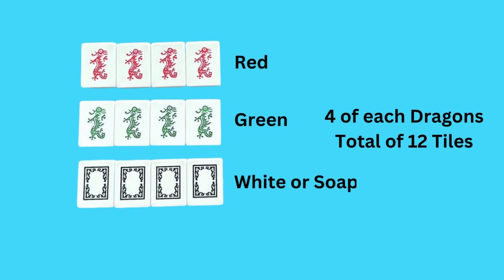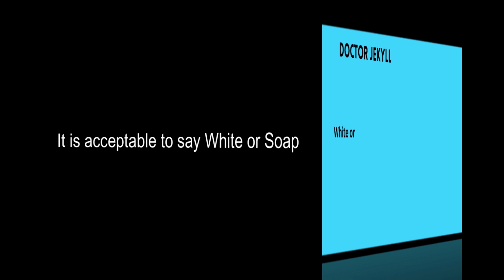And finally, we have our white dragon, also known as soap, for a total of 12 dragons in all. Legend has it that many years ago, players reached out to the National Mahjong League requesting that they change the name of the white dragon to soap, stating that the white dragon tile looked a lot more like a small bar of soap than its name, White Dragon.